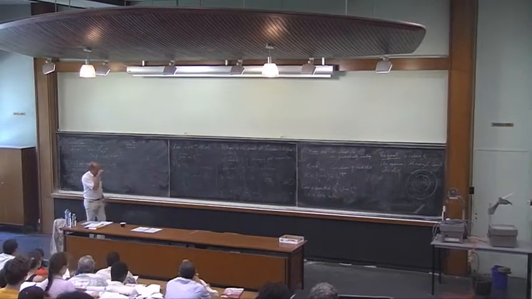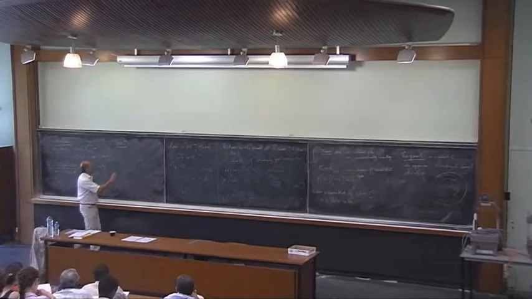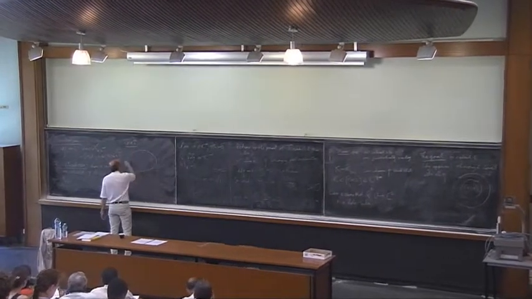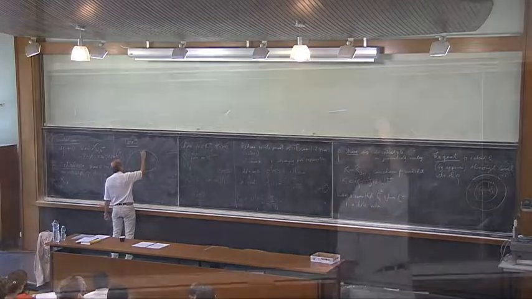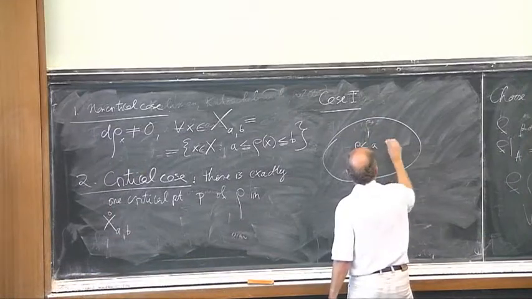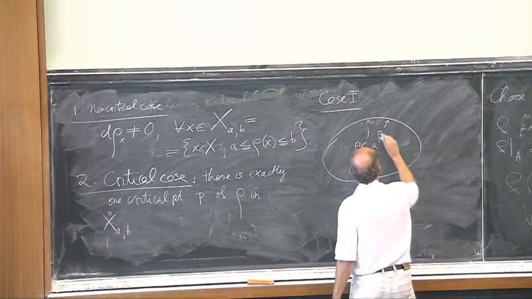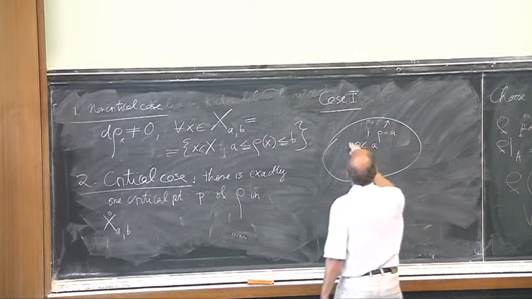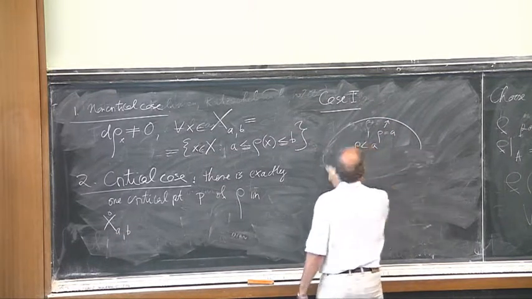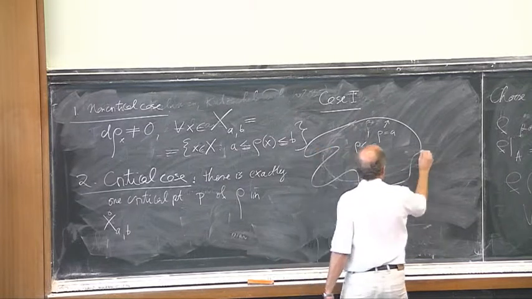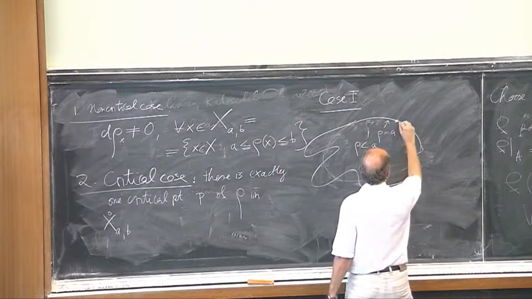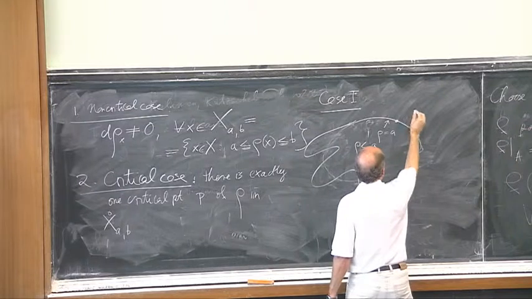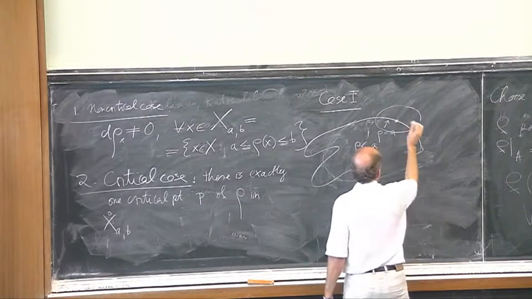And in fact, it's not hard to see that if you have a domain, this is rho less than a, and this is the surface rho equal to a, well, I drew it too nicely. Perhaps it's complicated, but the theorem, called Narasimhan's lemma, says that for each point in the boundary, you can find a neighborhood in which this gets convexified.